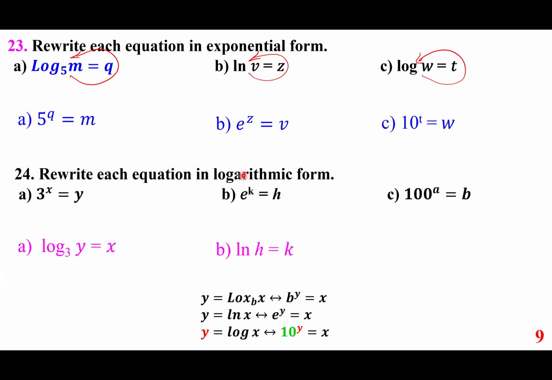We don't have to write the base, because ln means the base is e. 100 to the power of a is b. That means log b base 100 must be a. So those are the relationships between logarithmic and exponential forms.